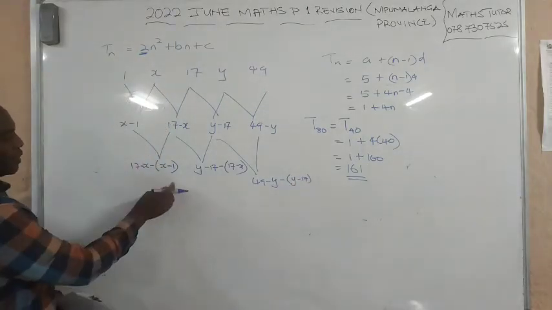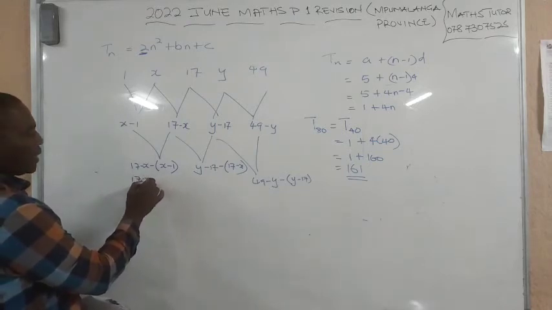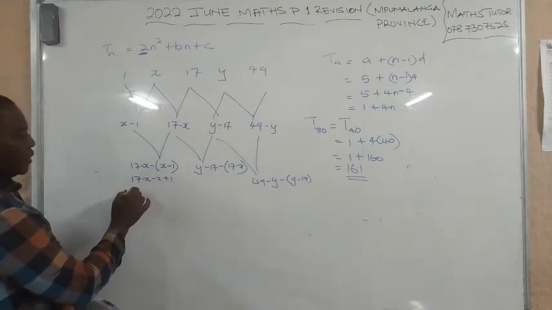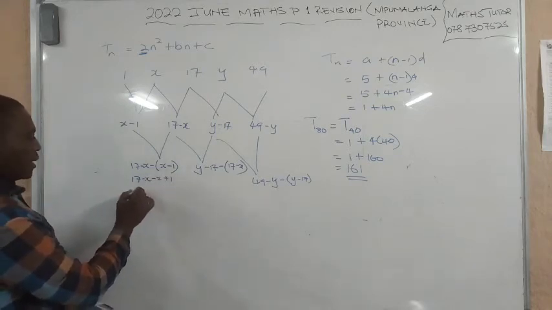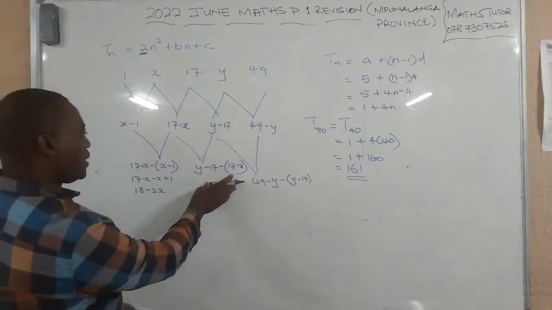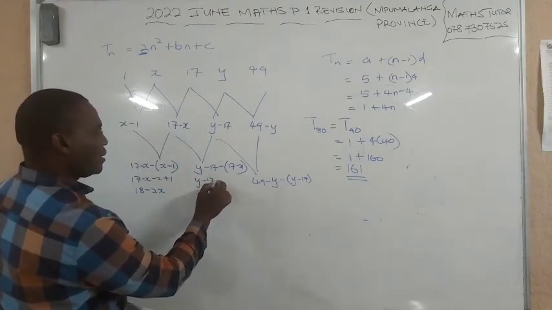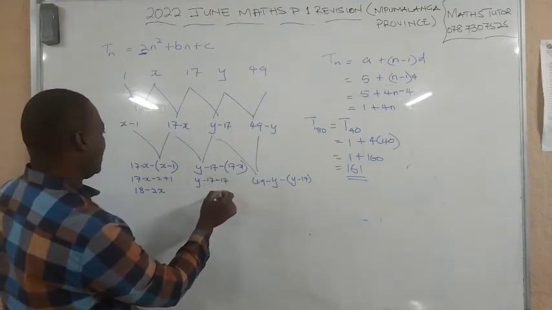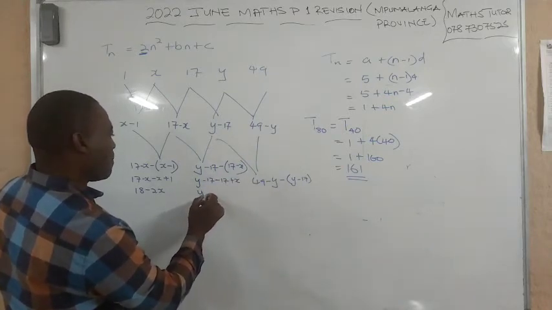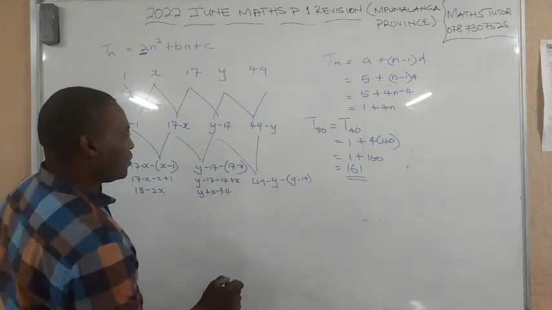Now, simplifying this, it will be 17 minus x plus 1, which is 17 plus 1, that's 18 minus 2x. If we simplify this, it's y minus 17 plus x, that is y plus x minus 34.